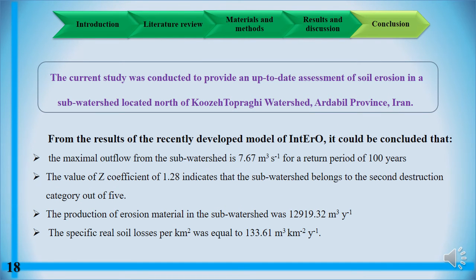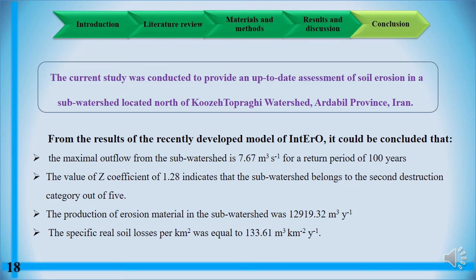In the conclusion, we can say that the current study was conducted to provide an up-to-date assessment of soil erosion in a sub-watershed located north of the Pozzo-Toprogli watershed, Ardabil province in Iran. The results proved that the maximal outflow from the sub-watershed is 7.67 cubic meters per second for a return period of 100 years.